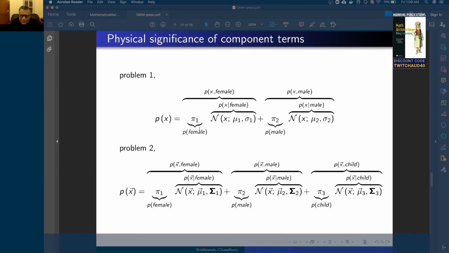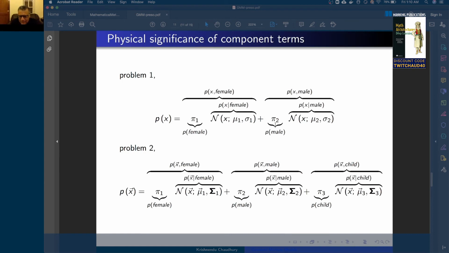The first term, pi1, is the a priori probability of female occurring, irrespective of the input. Given that it's a female, the conditional probability of input x occurring is the second term. And their product gives us the joint probability of x and female.